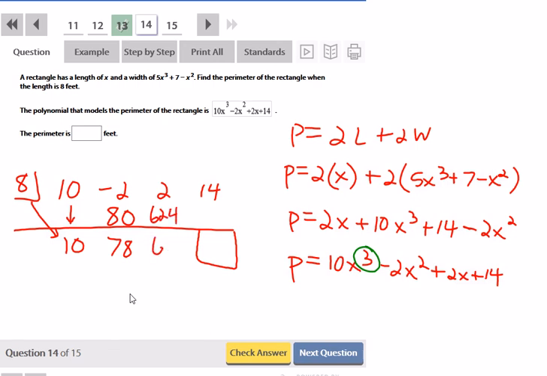Add straight down is 626. 626 times 8 is 5,008 plus 14 is 5,022. So that should be the perimeter. 5,022 feet.